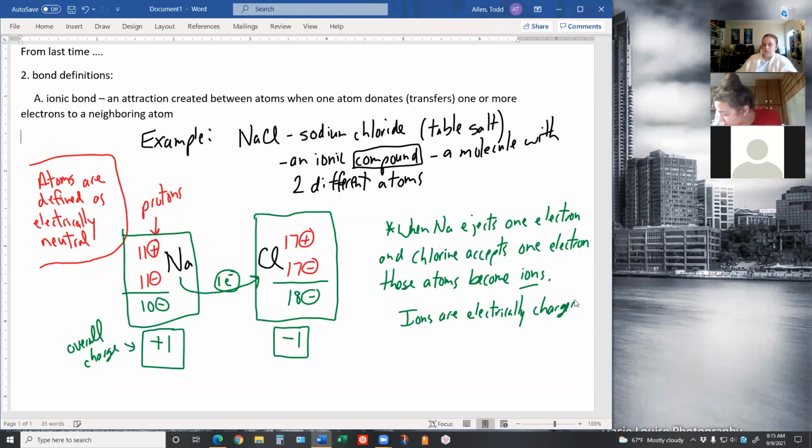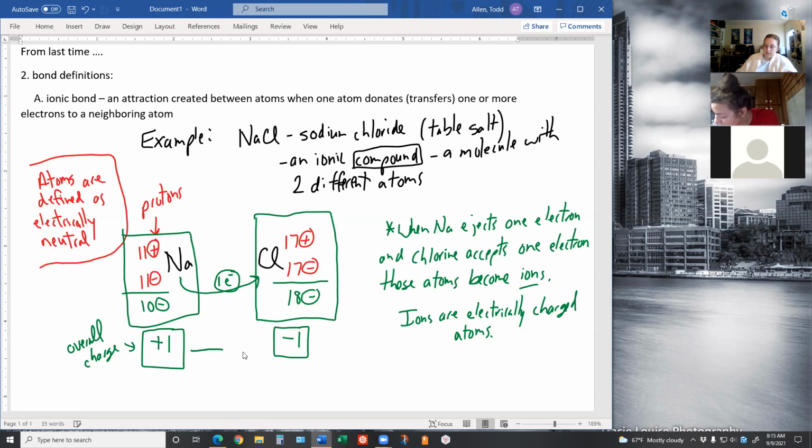Okay, and then at this point, we have to rely on the old phrase you probably learned since elementary school or middle school, that opposites attract, right? Oppositely charged particles are attracted to each other.